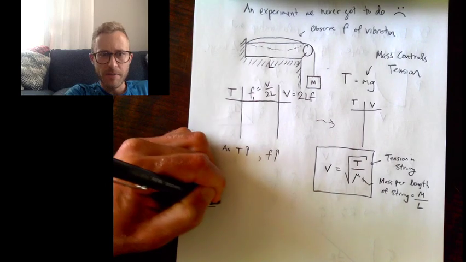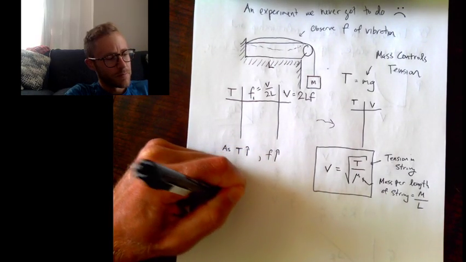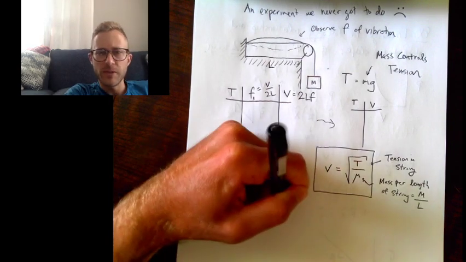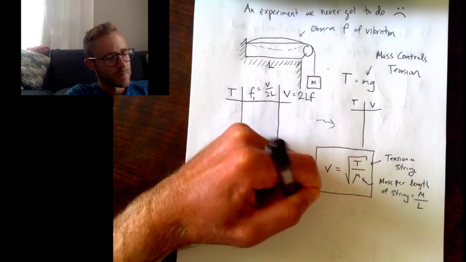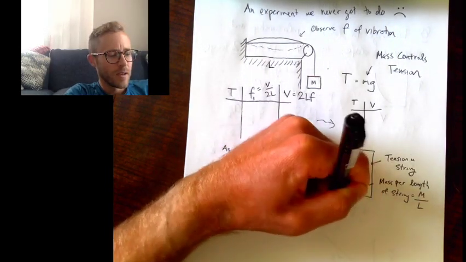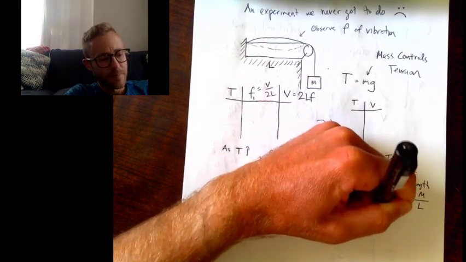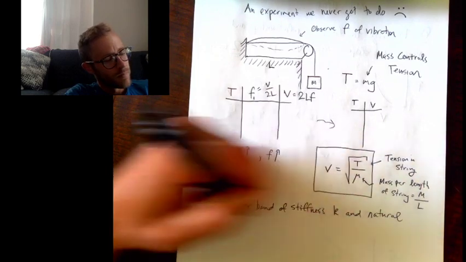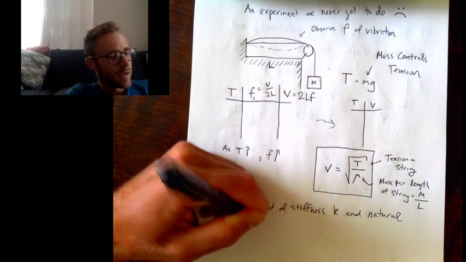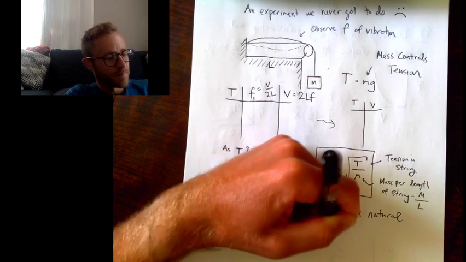What if we had a rubber band of stiffness k and natural length L, and mass m.